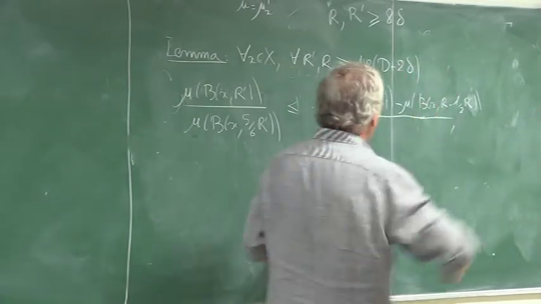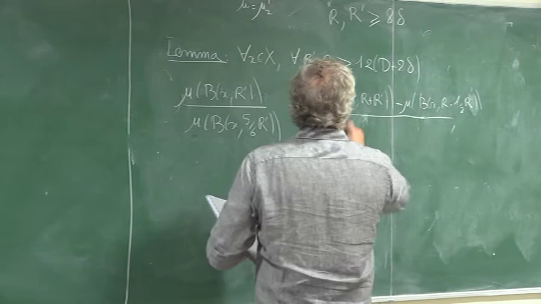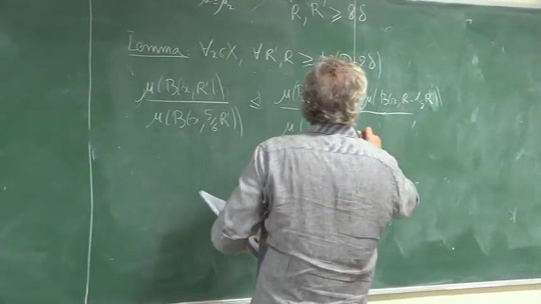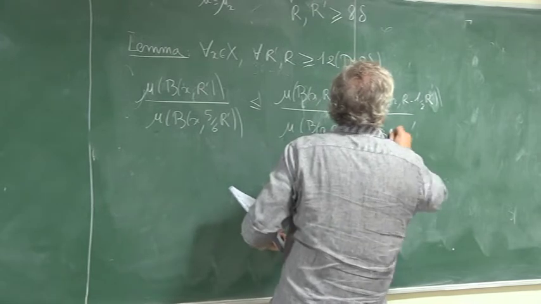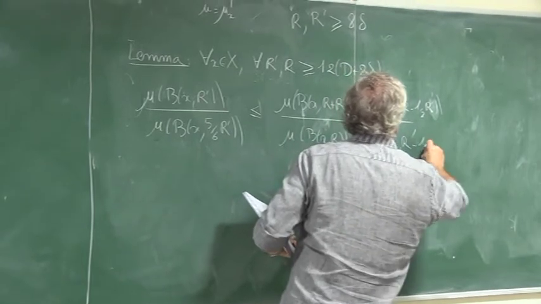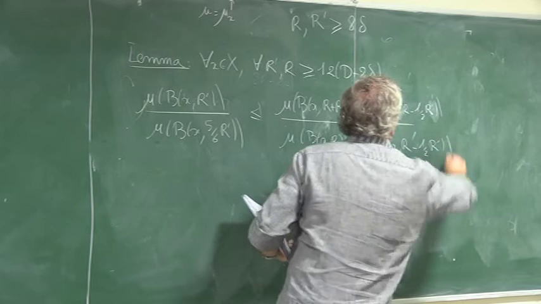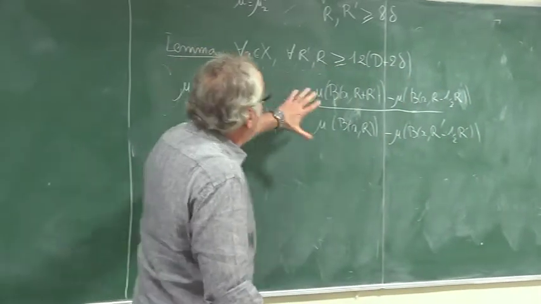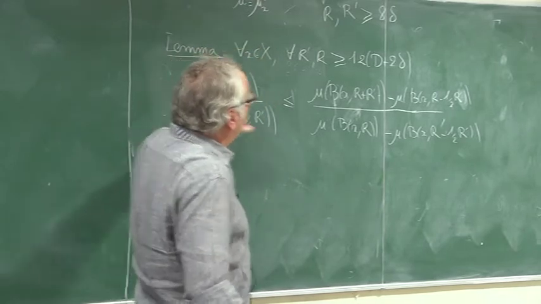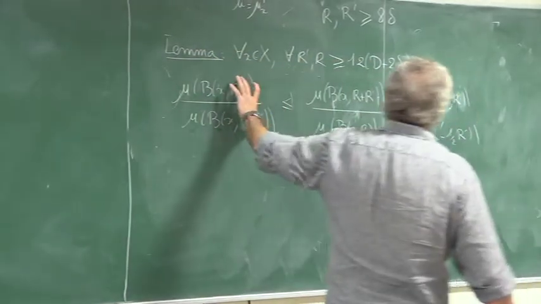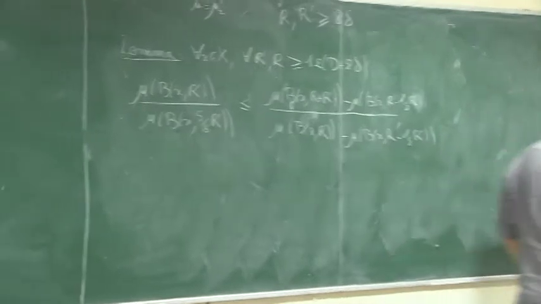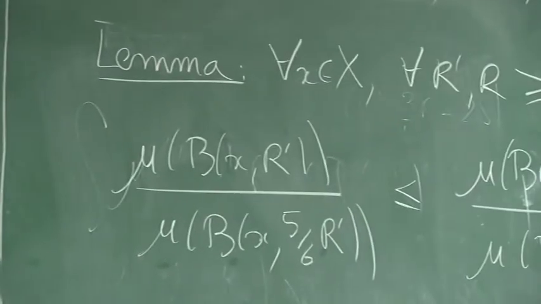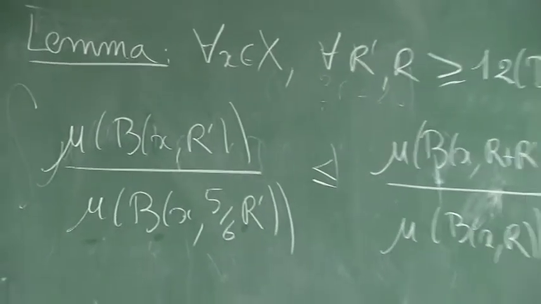So this is the biggest annulus divided by the measure of B of X, R minus the measure of B of X, R minus 1/2 of R prime. So the quantity that we want to estimate, and this is a corollary of the previous lemma, is a ratio, but it's also bounded above by the ratio of the volume of this big annulus divided by the volume of this small annulus.